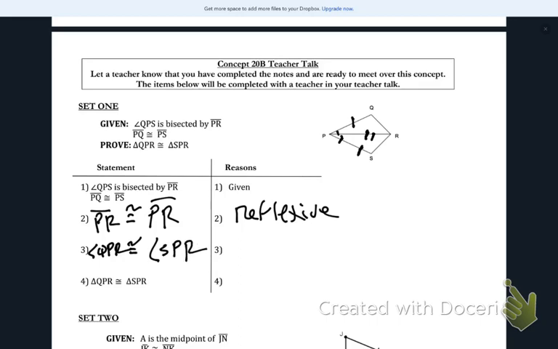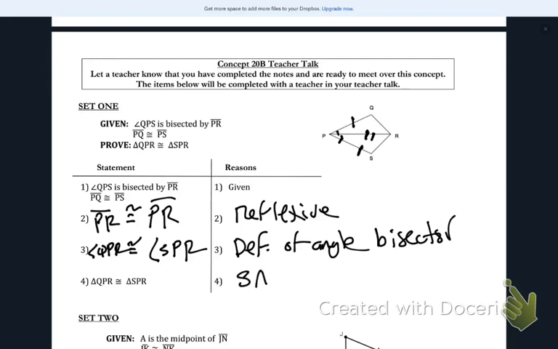And the reason for that would be the definition of an angle bisector. I'm just going to abbreviate here. Okay, and so now from this you can see that you have a side, an angle, and a side, right? Side, angle, side, the angle is included, so we're good to go. The two triangles are congruent using side, angle, side.